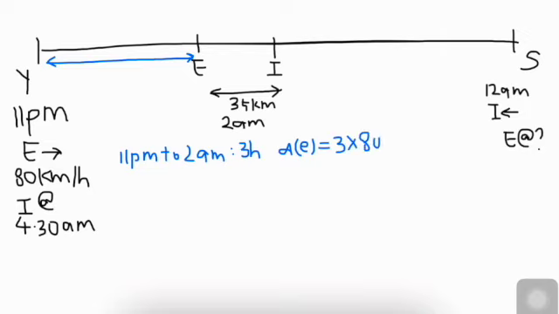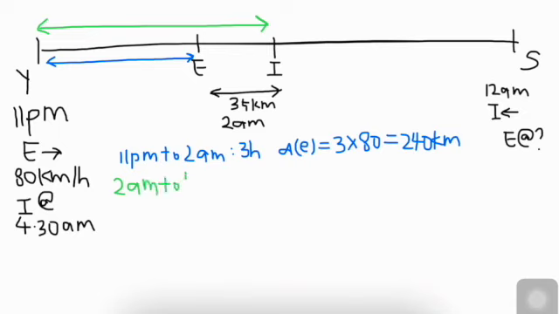Okay, then we will calculate the distance in green because we know that Irish textbook is actually 35 kilometers more. Then we will know that from this point to Y, it will be from 2 a.m. to 4:30 a.m. because that's what the question told us.